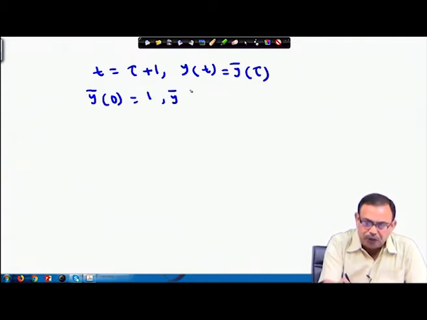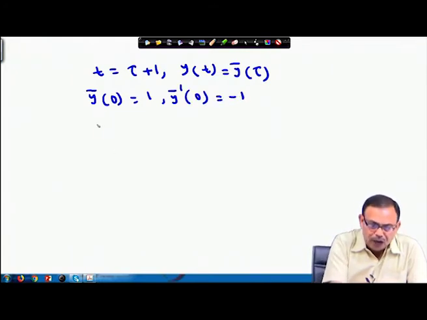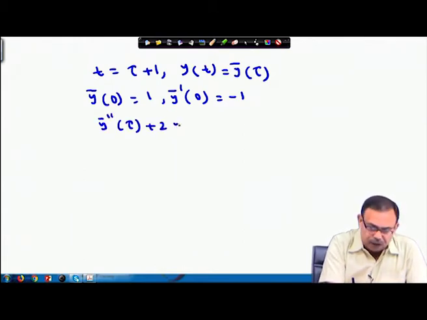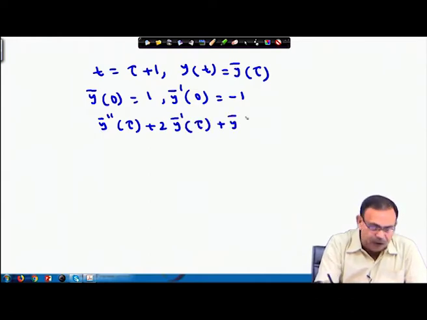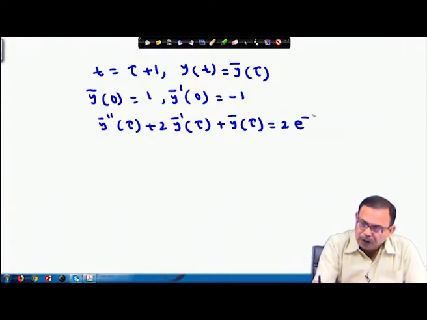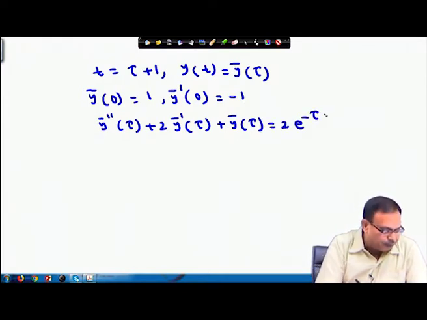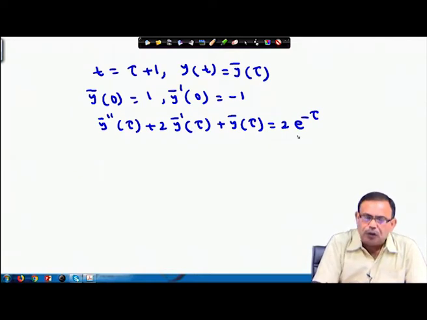So, y bar 0 is 1, y bar dash 0 equals minus 1. And your original problem is now changed to y bar double dash tau plus twice y bar dash tau plus y bar tau equals e power minus tau. So, your original equation is transformed to this.